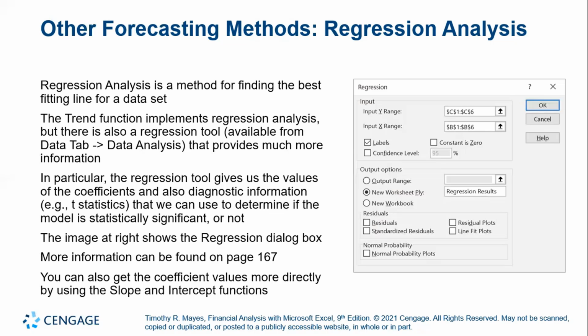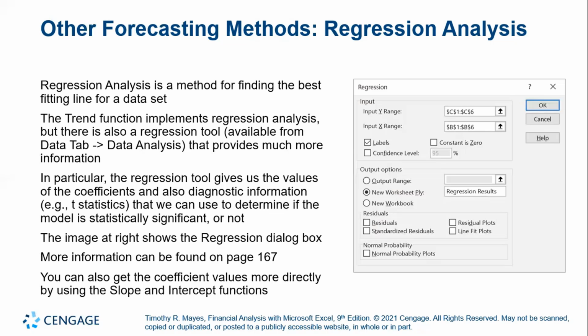In particular, the regression tool gives us the values of the coefficients and also diagnostic information, for example, t-statistics, that we can use to determine if the model is statistically significant or not.